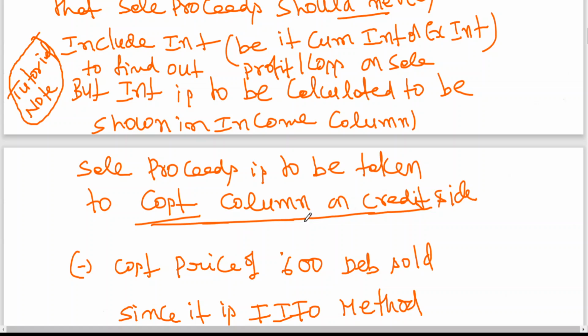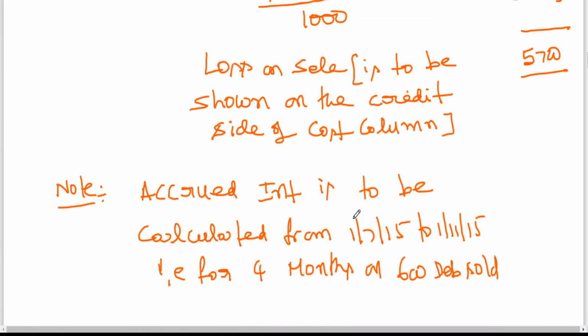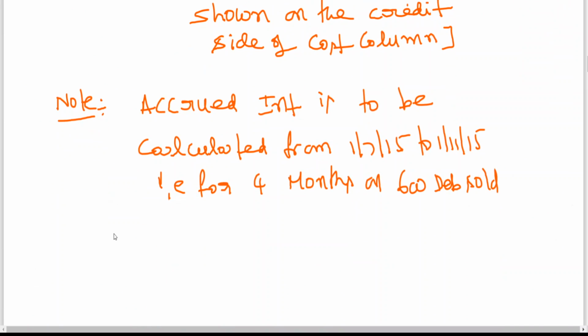Sale proceeds are taken to the cost column on the credit side. Remember, whenever you are taking anything to the cost column, it will never include interest, be it cum interest or ex interest. So now accrued interest is equal to, if I write 1st November, don't confuse it with 5 months. Don't lose marks unnecessarily. Okay.